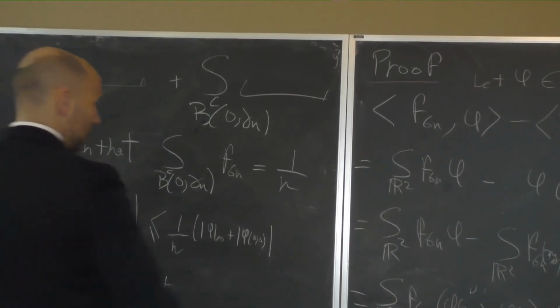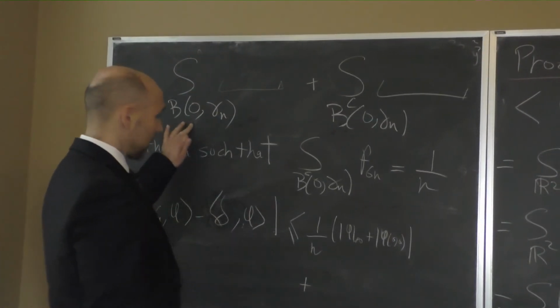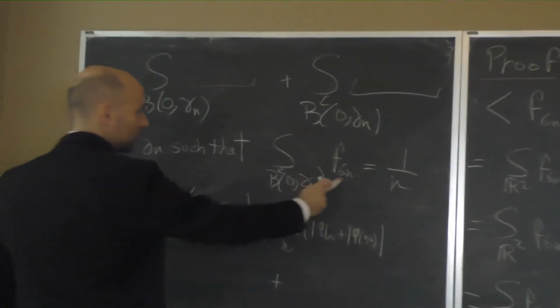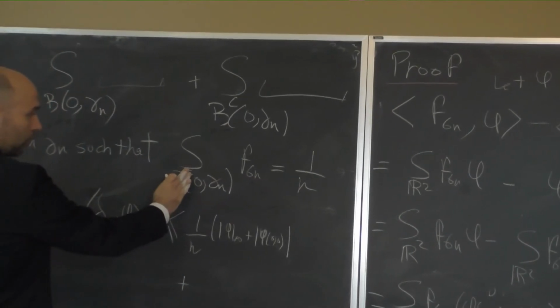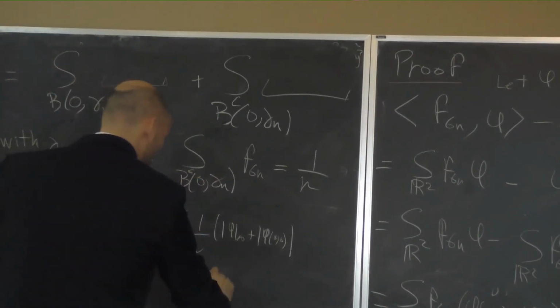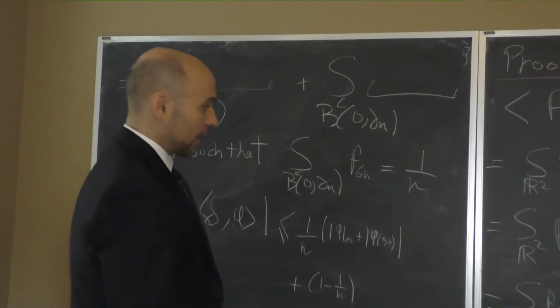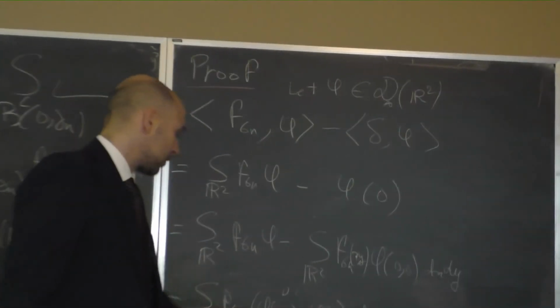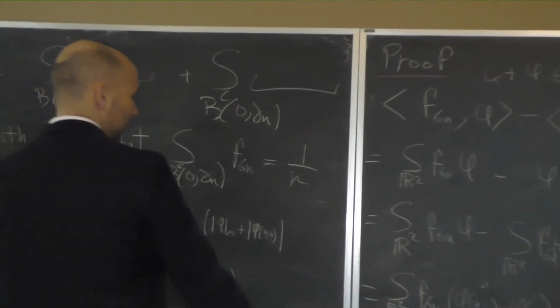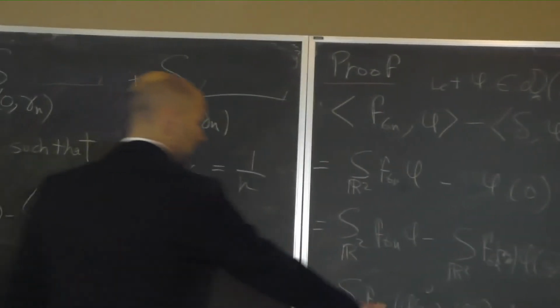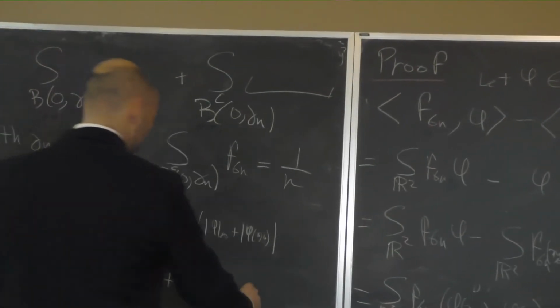So now this quantity here, I can bound it by, so if this integral is 1 over n, when I integrate this quantity on the ball, I get 1 minus 1 over n, and this one I can bound it by, I just apply this theorem.